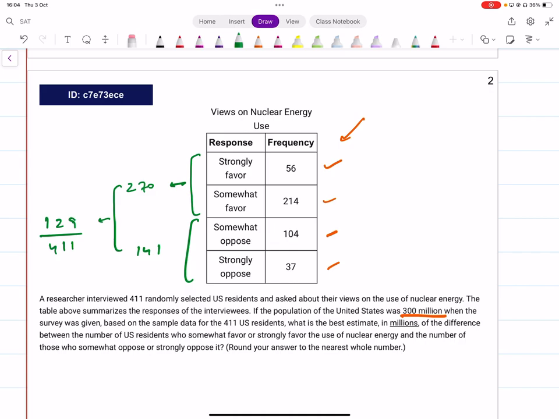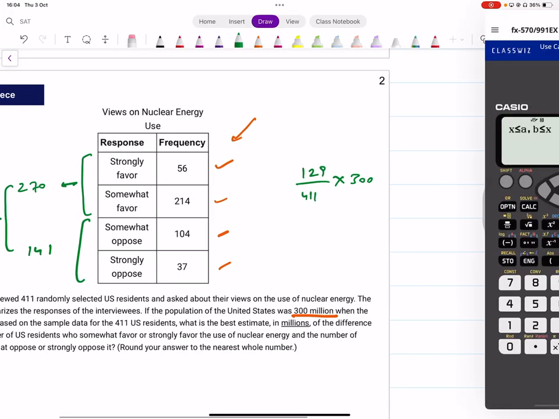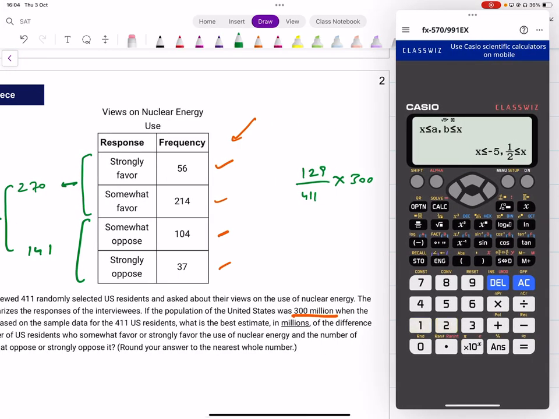What would be the difference if the total number was 300 million? How do you find that? Just calculate the ratio: 129 over 411 multiplied by 300. 129 divided by 411 multiplied by 300 gives me 94.16 million.